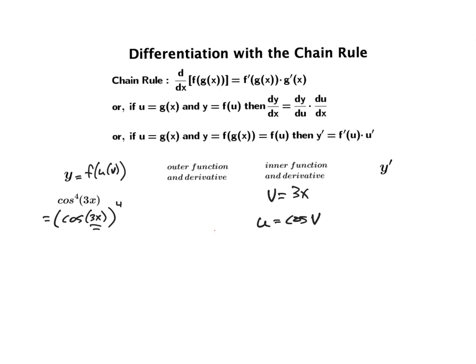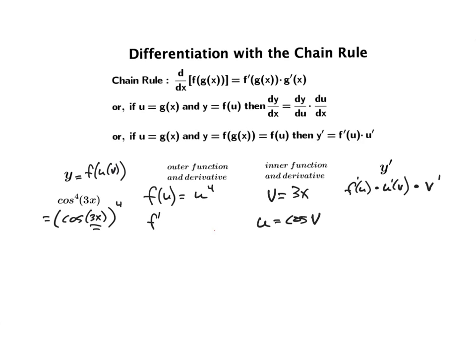And then our most outer function, f of u, is going to be u to the 4th. So in this example, to find y prime, we're going to say f prime of u times u prime of v times v prime. So let's find those.